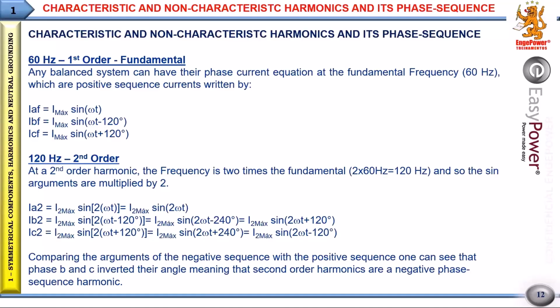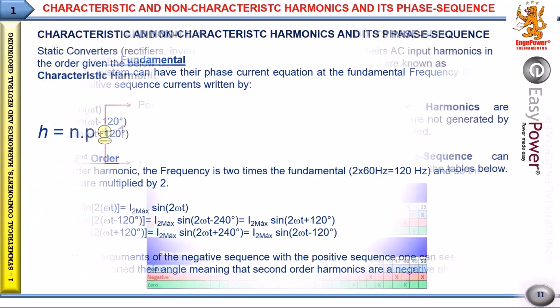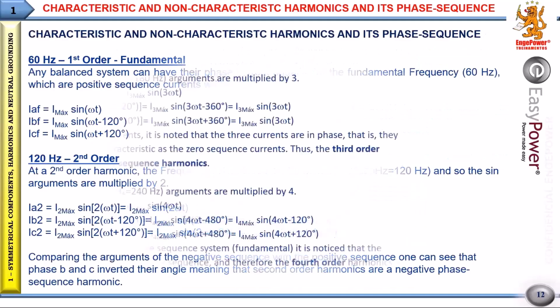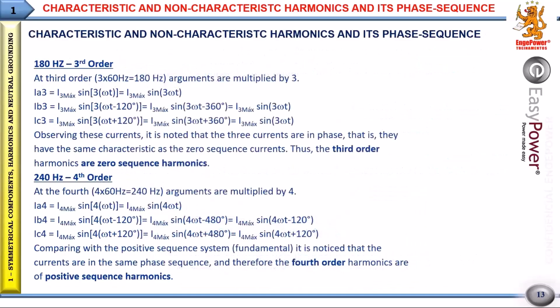This means that second order harmonic is a negative sequence harmonic, proving that this pattern here is correct. If we do this for the third order and multiply by 3, we are going to see that the three phasors will be in phase.